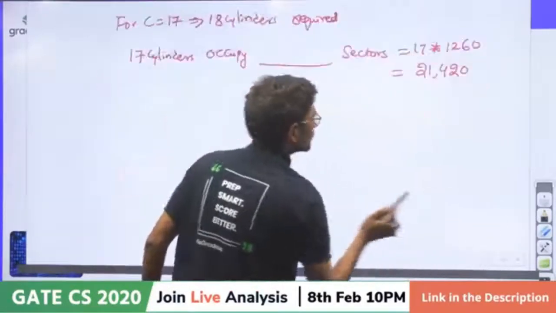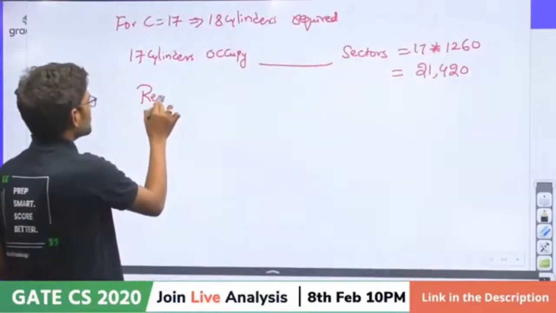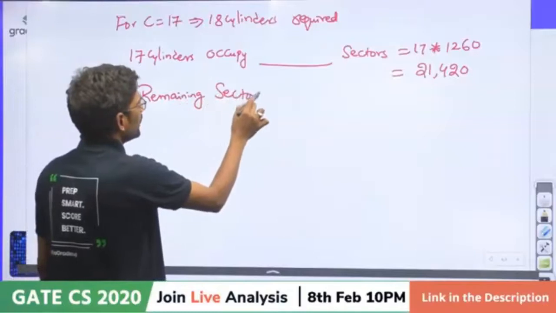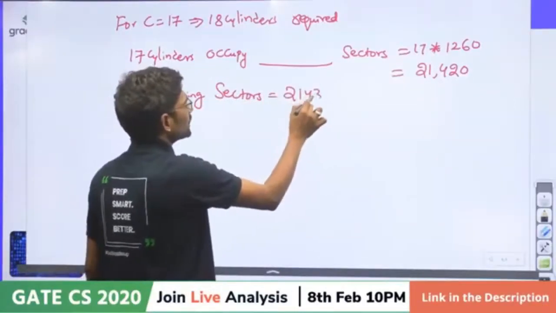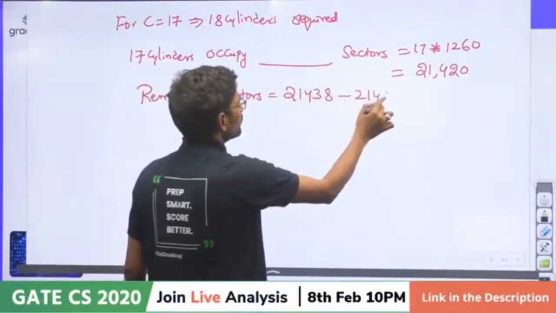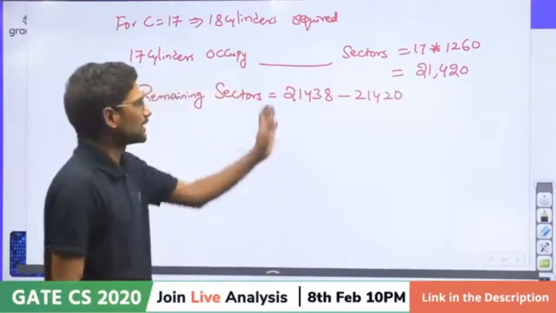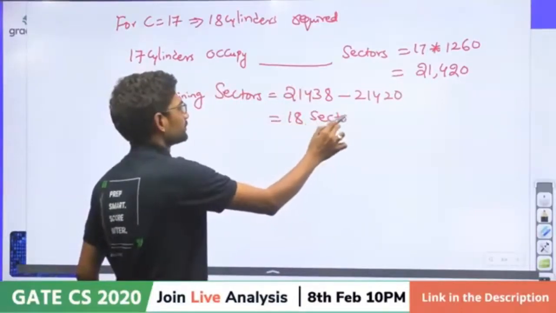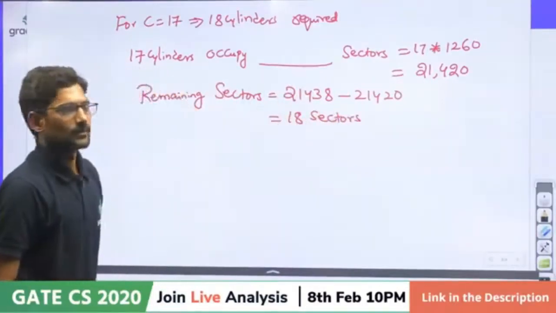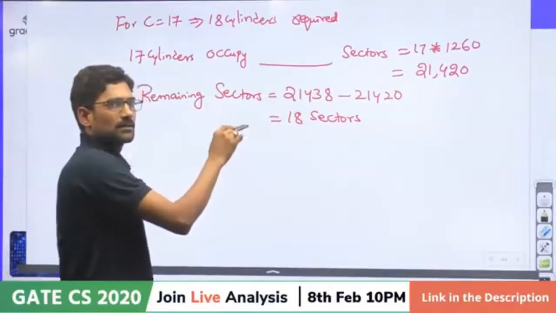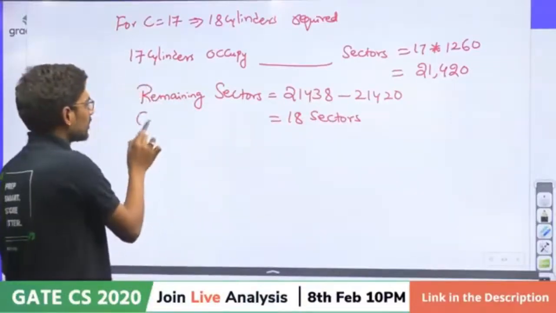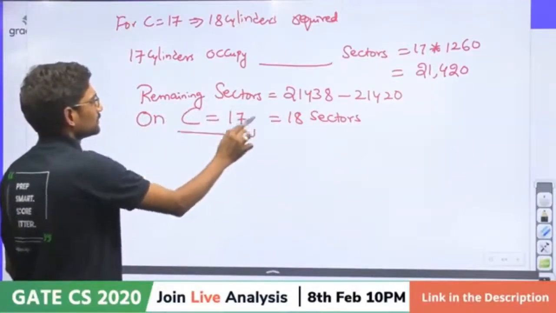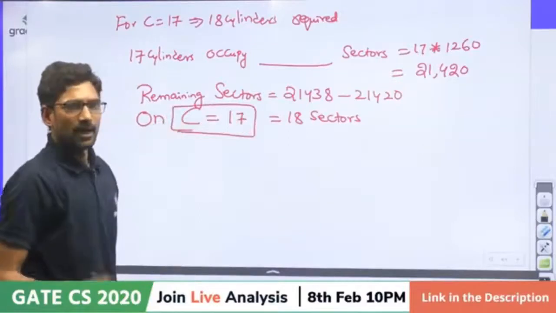Right? So what is our sector? 21438. So remaining sectors would be 21438 minus 21420. So how many sectors remained? 18 sectors remained. Now these 18 sectors are there on cylinder 17, I mean on the last cylinder.